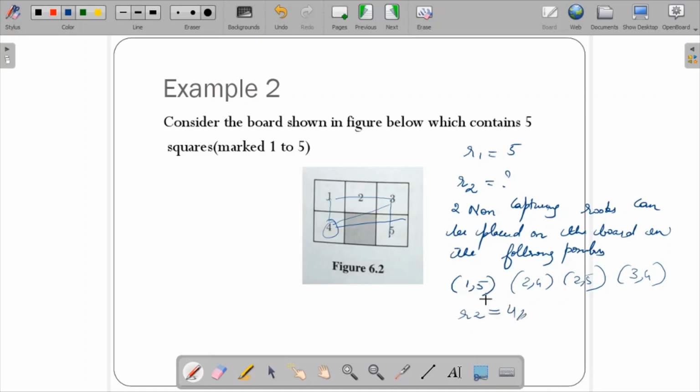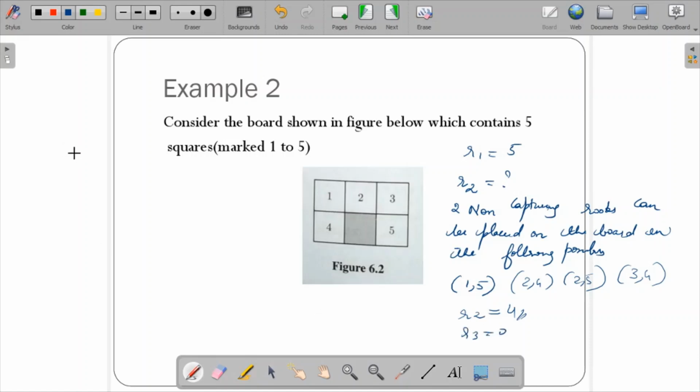What about R3? R3 means 3 pairs you have to do, but that is not possible in this. Next example I'll show you regarding the R3 pair, because for R3 there should be one more row attached over here. So it's not possible for R3. So R3 is 0.